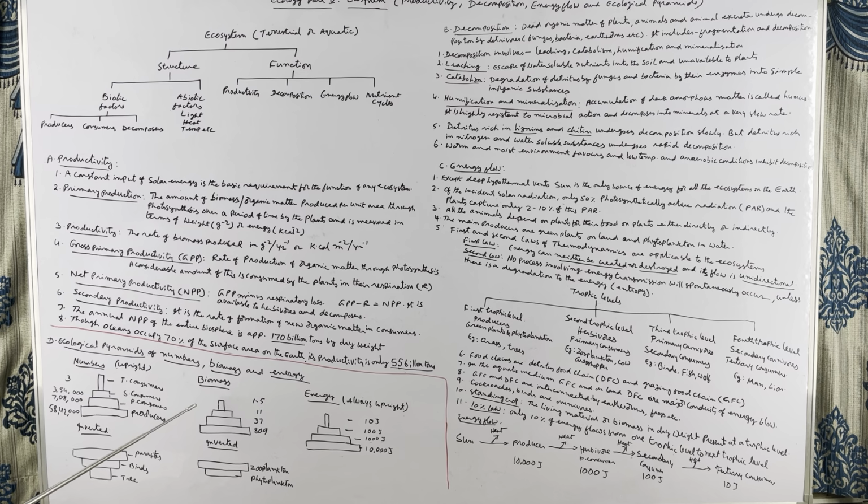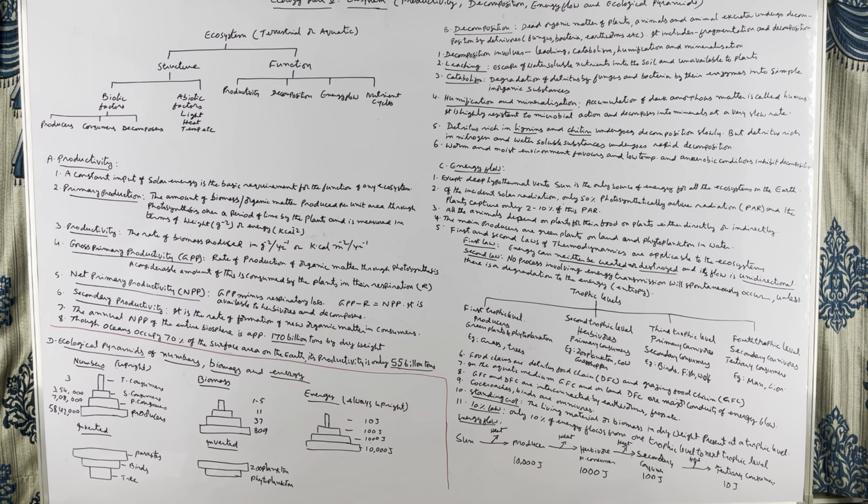But sometimes even the pyramid of biomass is inverted. If you take the aquatic medium, I have told you phytoplankton is the main producer of the aquatic ecosystem. Phytoplankton trap solar energy and synthesize food. And this phytoplankton is consumed by zooplankton.